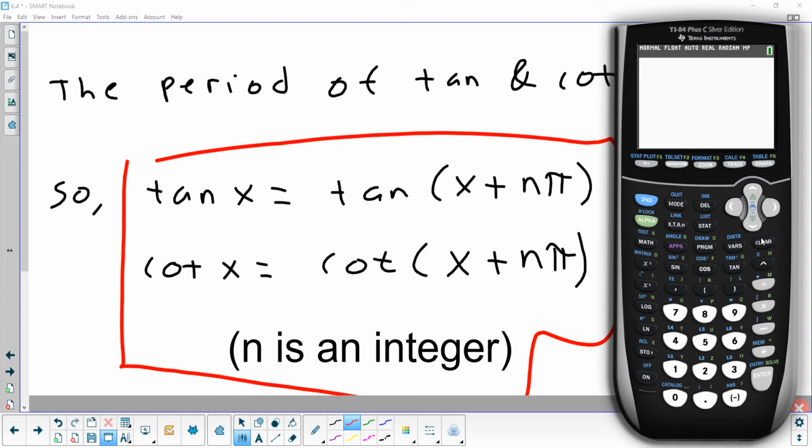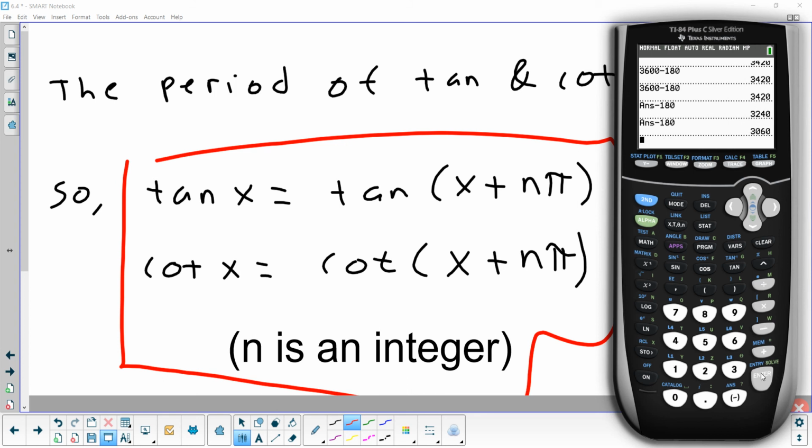So if I had to think about taking the tangent of something that was really big, like let's say I had to take the tangent of 3,600 degrees. Well, 3,600, that's a big number. I can't really think that through in my head. But I could take 3,600 and subtract 180 from it as many times as I wanted. And subtracting 180 isn't messing up the answer.